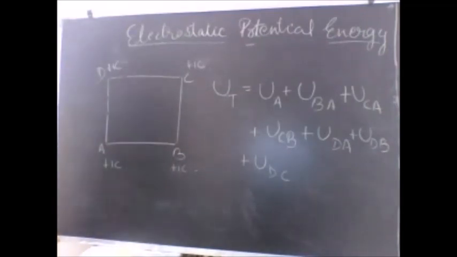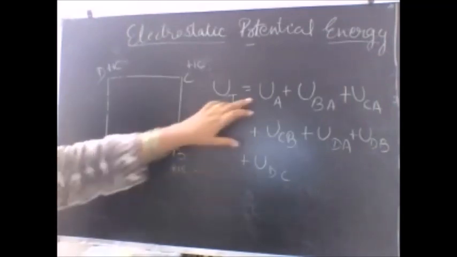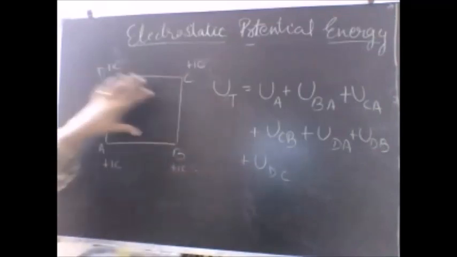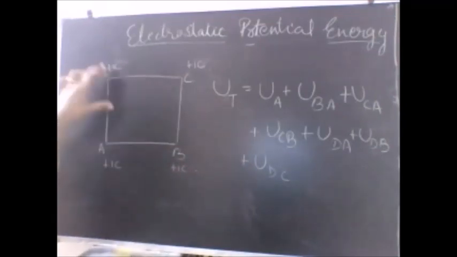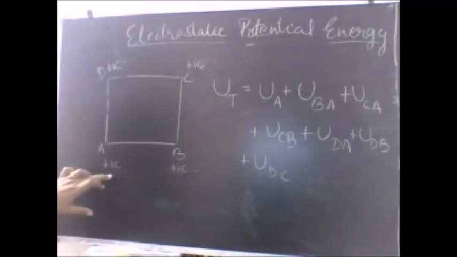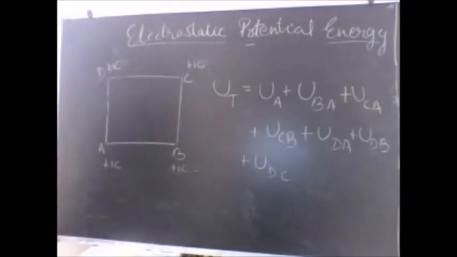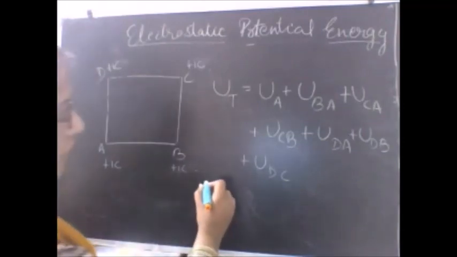So this is the entire equation that will be constructed here, and when we put the values, the sum total will give me the total energy which is stored in holding these charges at the 4 vertices of this square. So let us perform the calculation very quickly.